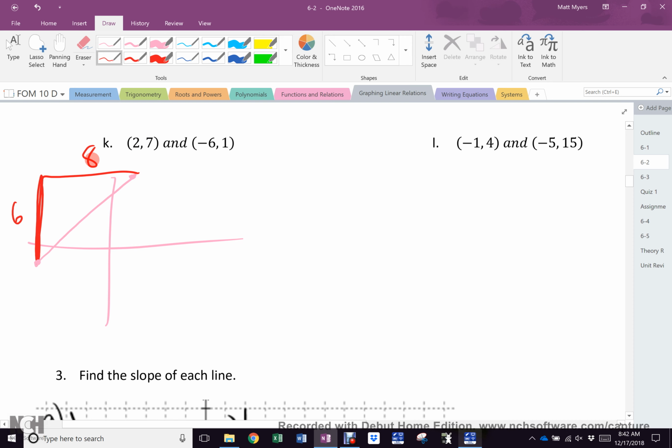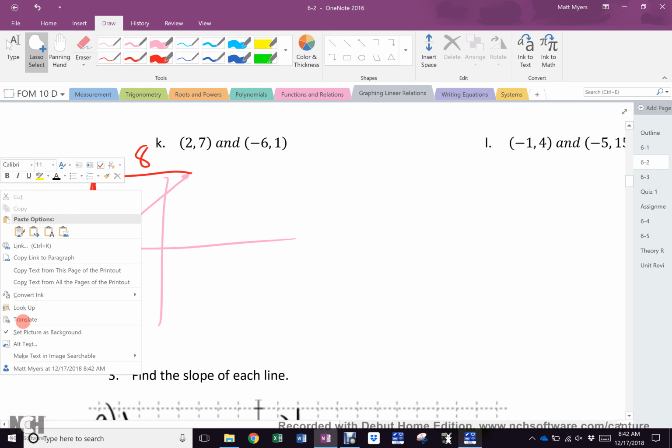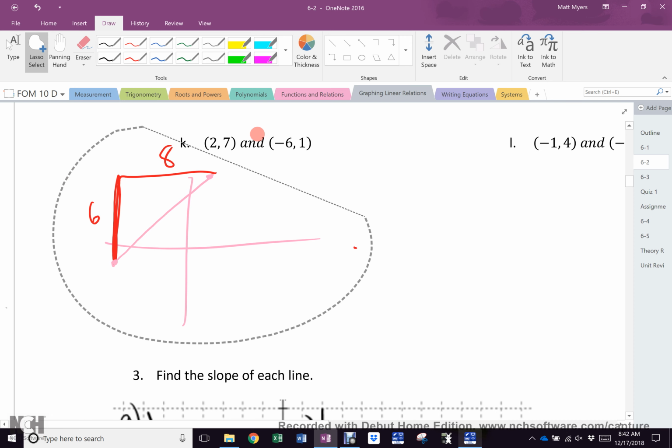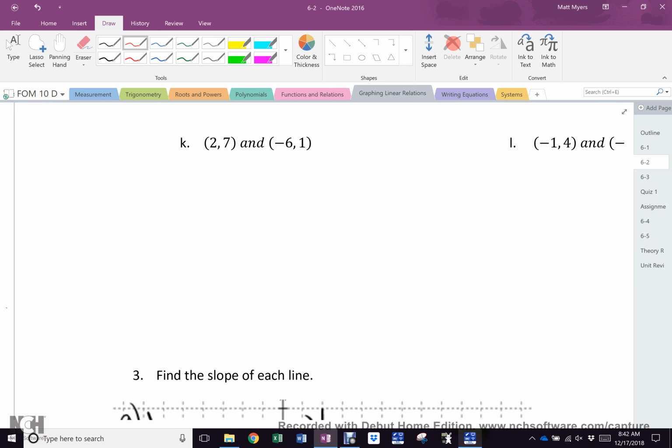We can also do the other thing, and I showed you this on the very first day we were doing slope. I'll show you it again. We also know that slope equals the change in y over the change in x. Because a rise is how far we go on the y-axis, yes? And a run is how far we go on the x-axis.